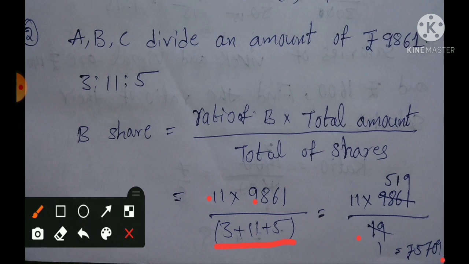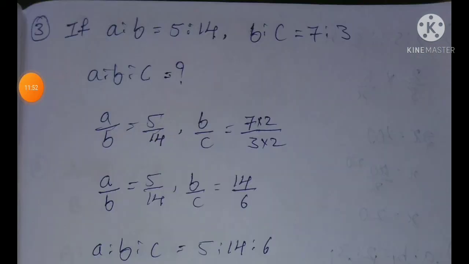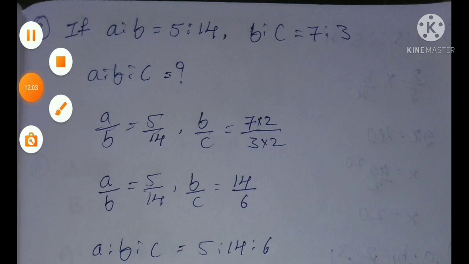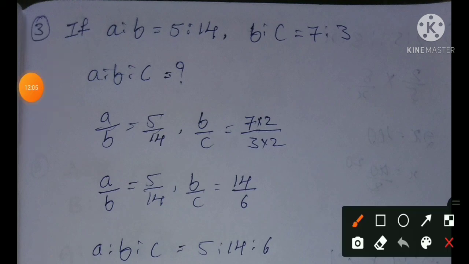Next we have a question: if A is to B equal to 5:4 and B is to C equal to 7:3, then find A:B:C. Here we already saw this question as an example. So A by B equal to 5/4, B by C equal to 7/3. So compare B terms first. Here 4 is there, here 7 is there.